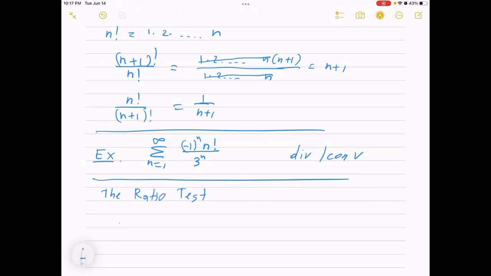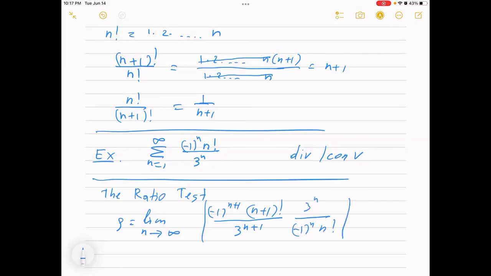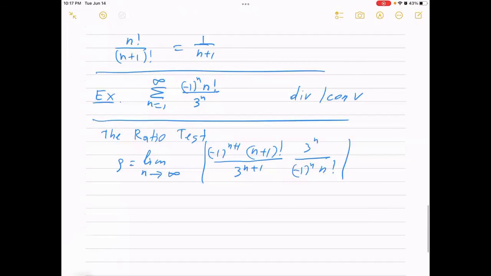I'm going to take rho equals the limit as n approaches infinity of (-1)^(n+1) (n+1) factorial divided by 3^(n+1), times the reciprocal of a_n, so 3^n on top, over (-1)^n and n factorial. Take the absolute value of that expression.